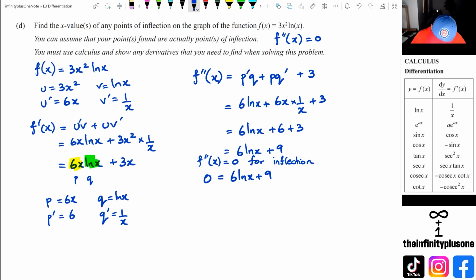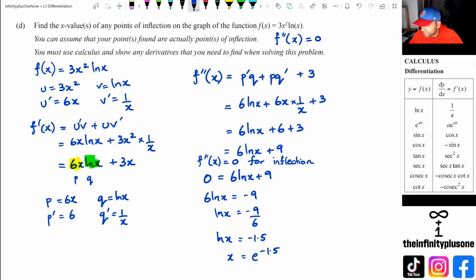Then I've got 6 ln of x equals minus 9. Then ln of x equals negative 9 over 6. Ln of x equals negative 1.5. So then x is equal to e to the power of negative 1.5. And I'm going to leave that like that.